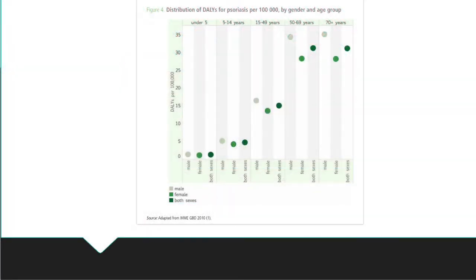So here's a chart that looks at the prevalence and distribution of psoriasis in different genders and age groups. As you can see, as somebody gets older, they're more likely to have psoriasis, and this is because it is a chronic disease, but it's not something that people tend to die from.